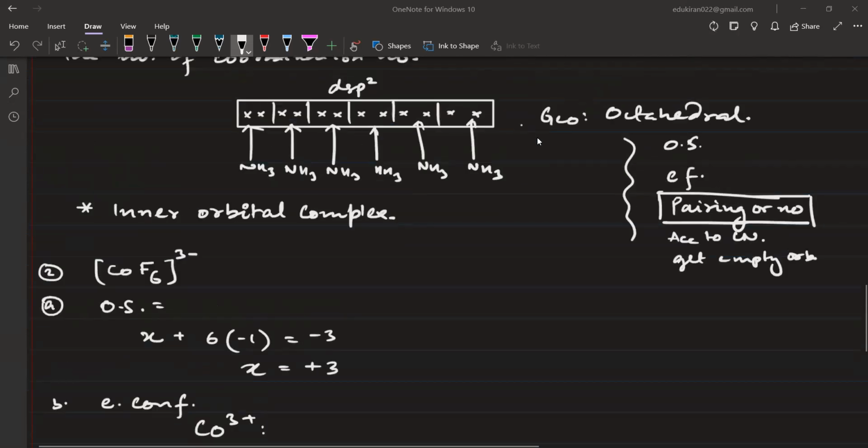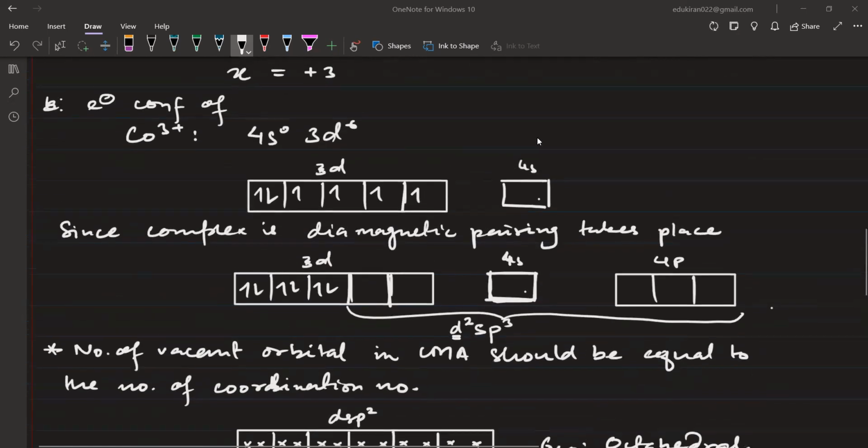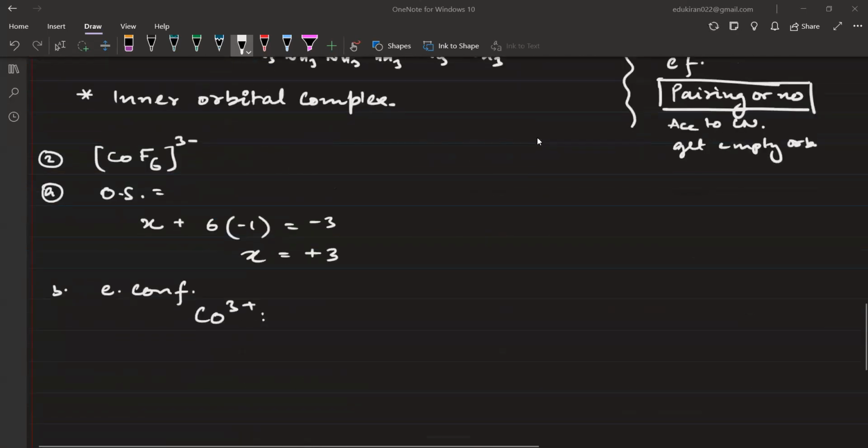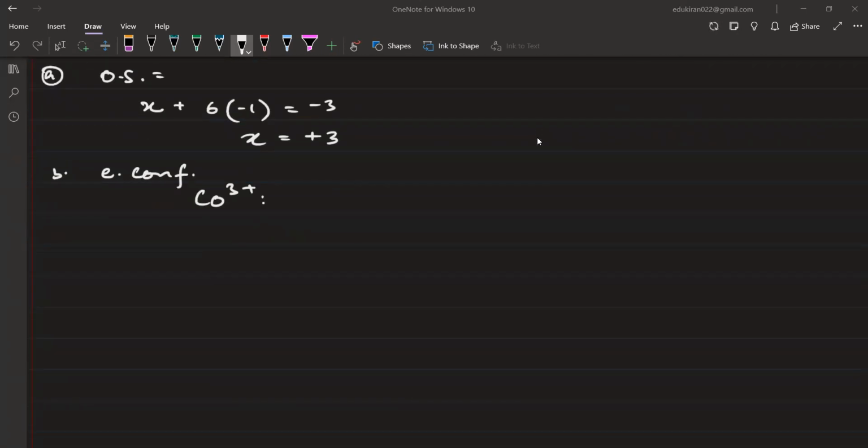D5. Who is D5? We have written 3d6. Who was D5? 4s0, 3d6. Okay, cobalt is 4s2, 3d7, atomic number 27. Okay, once you have got the electronic configuration, you will make this.